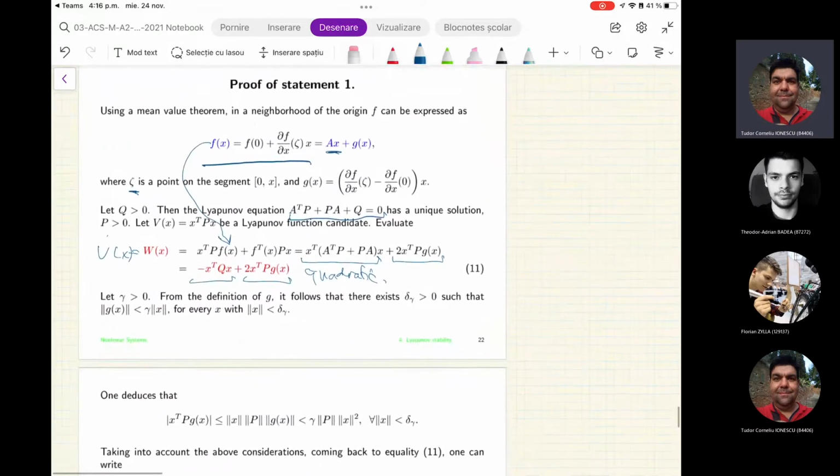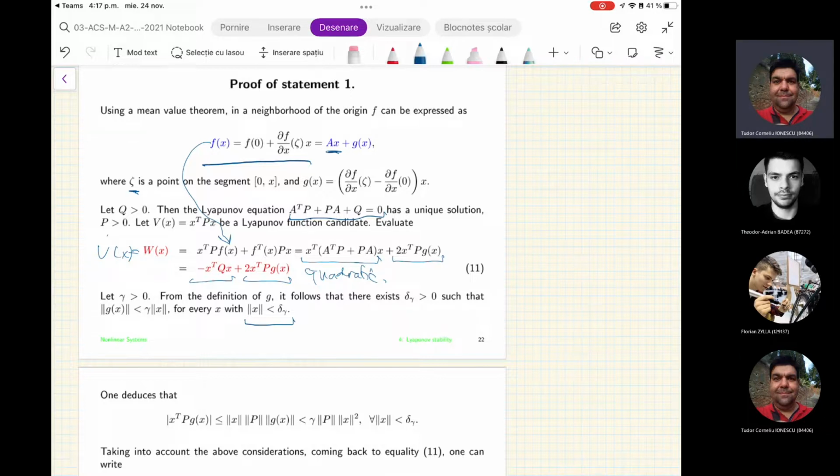Now consider gamma a positive constant. From the definition of G, we have that there exists another constant delta depending on the gamma positive, such that the norm of G can be upper bounded by the norm of x times gamma, for any x whose norm is upper bounded by delta depending on gamma.